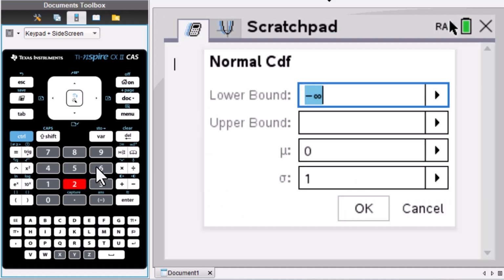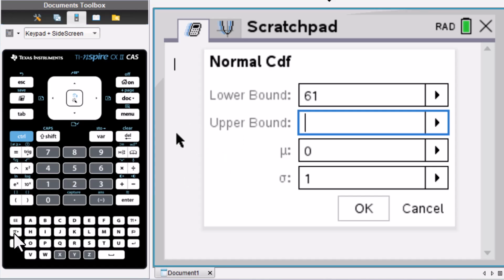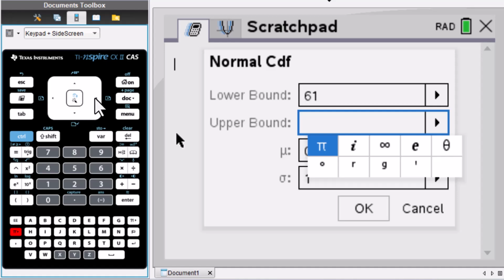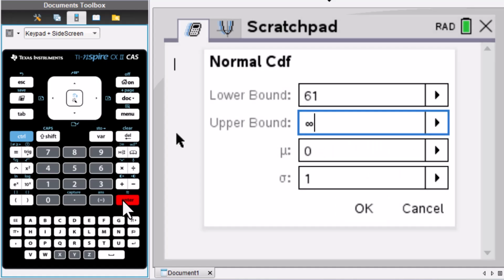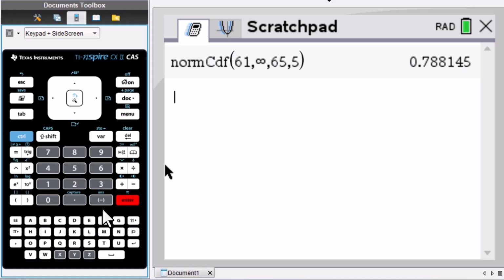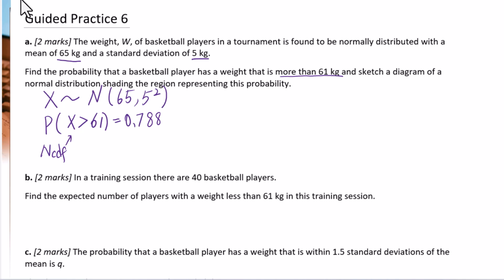Lower bound 61. Upper bound infinity. Mean 65. Standard deviation 5. Enter, enter. Answer is 0.788.